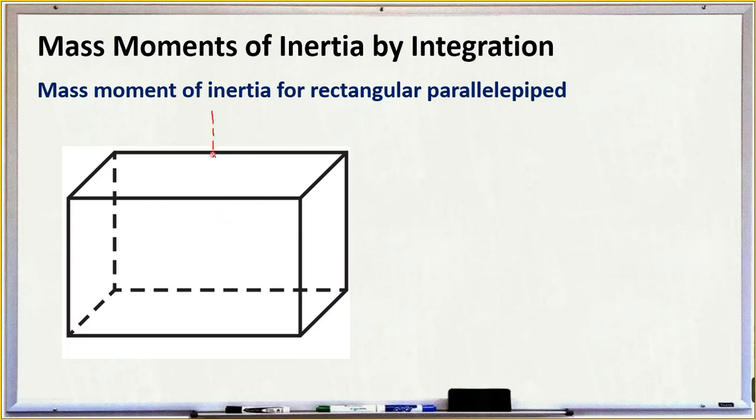Let's say this is our y-axis, and this is my z-axis, and this is our x-axis. So the mass moment of inertia depends upon these three given axes. So it could be along the y-axis, x-axis, or z-axis. So let's have the axis of inertia for our derivation along the z-axis.